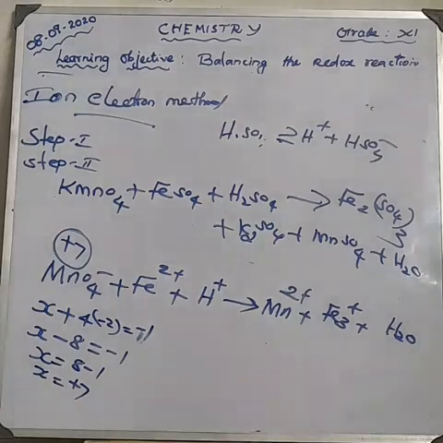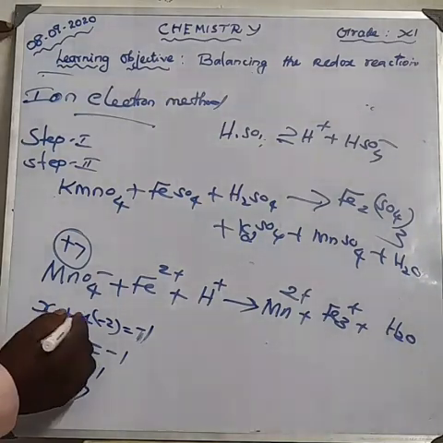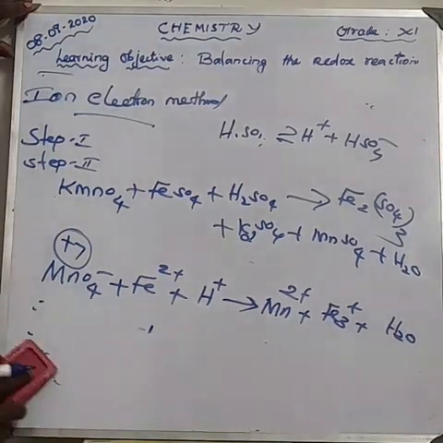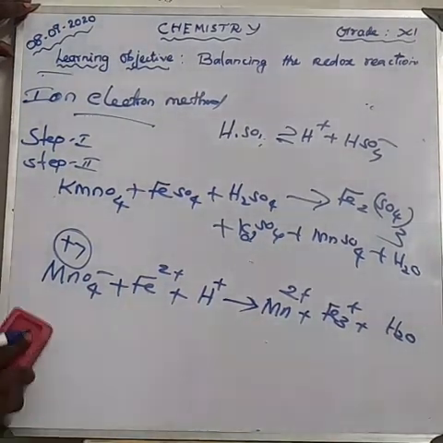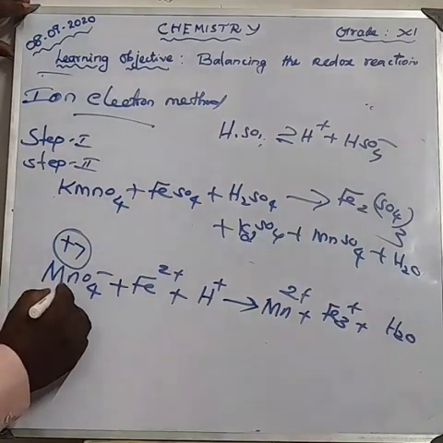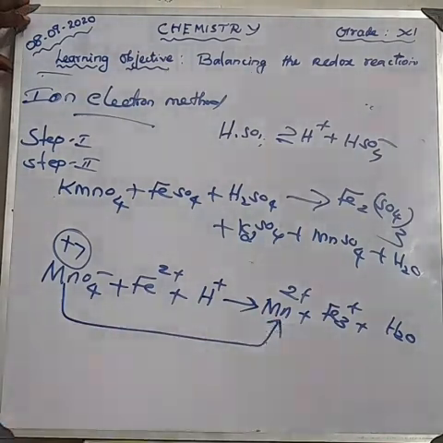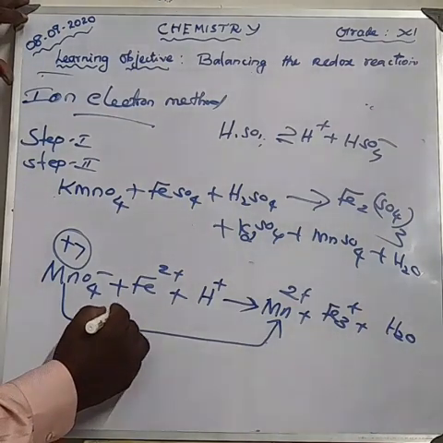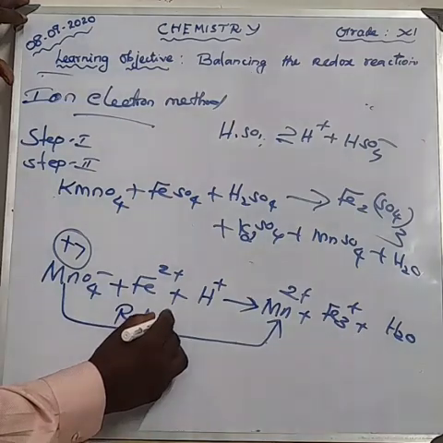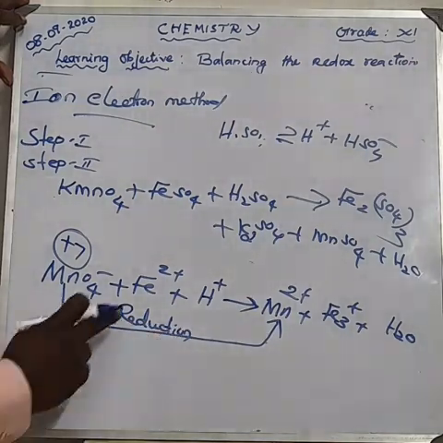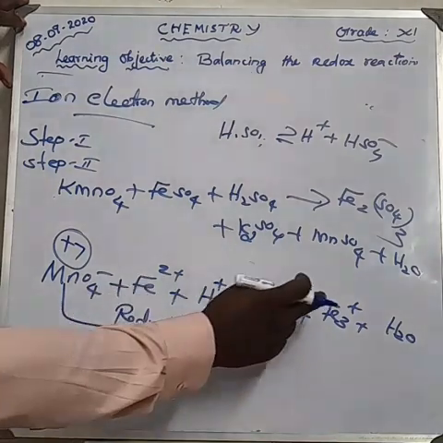Okay. Then here MnO4 minus ion has been reduced. Am I right? It is reduced to Mn2 plus. So the value is decreasing, so it is called reduction. Here Fe2 plus is converted to Fe3 plus.